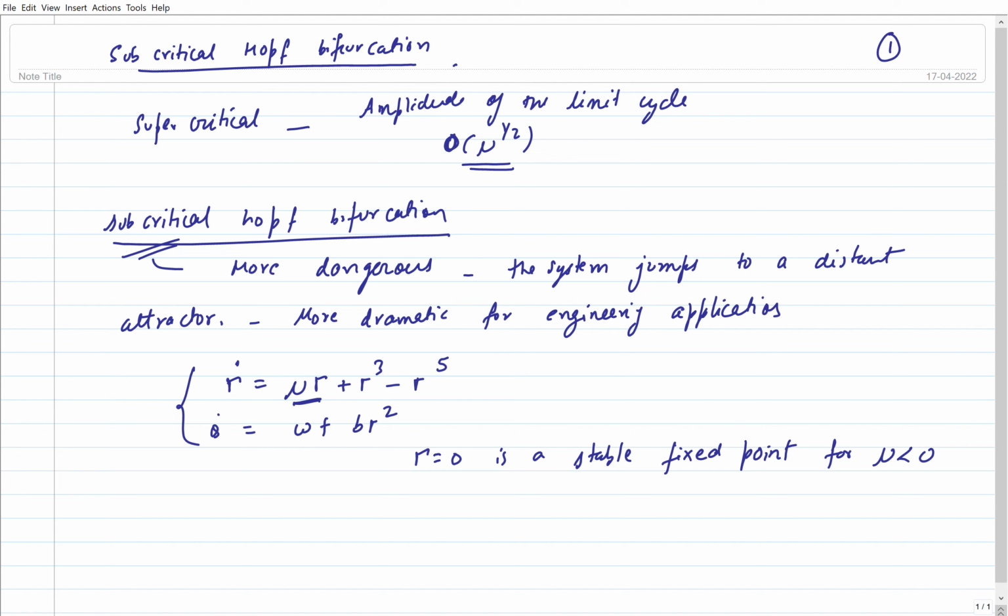So what happens for mu equals 0? Well, for mu equals 0, I have r dot equals r cubed minus r to the fifth, and r cubed now acts as a destabilizing term, and it becomes unstable as a result.